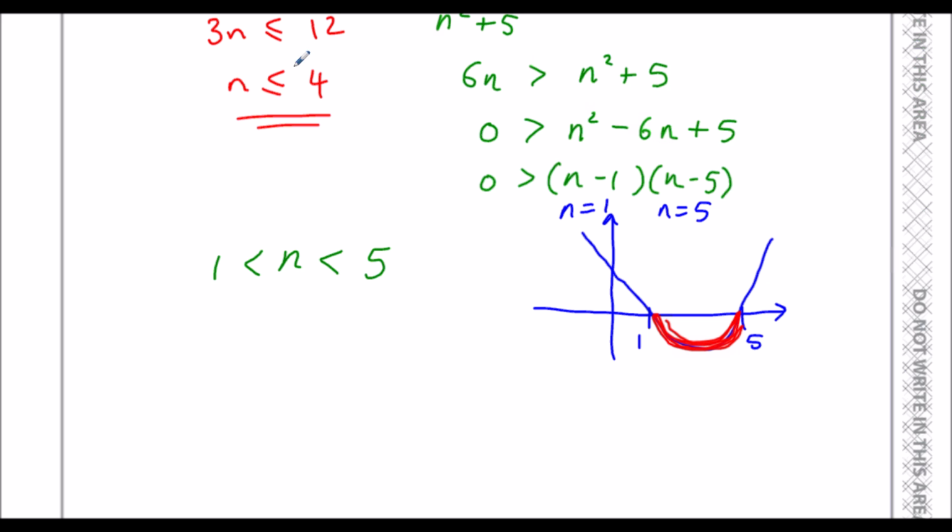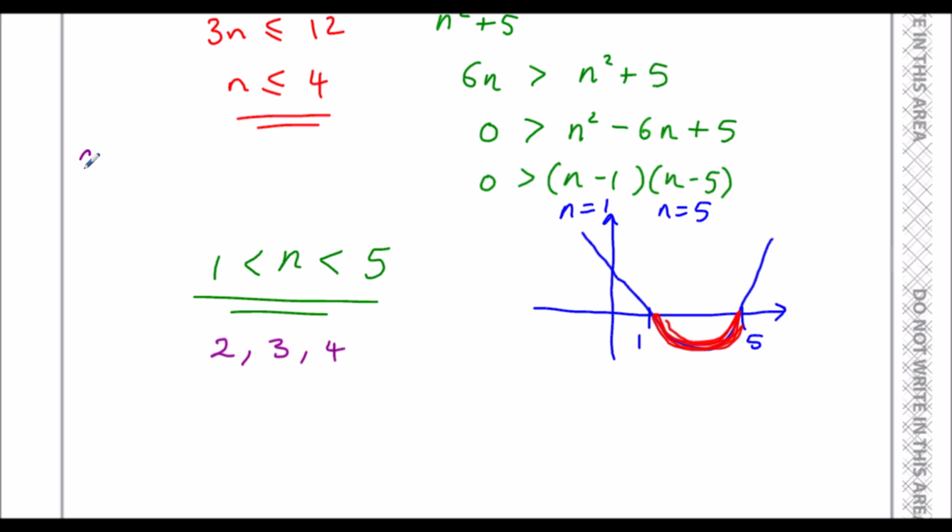So these are our two answers. What numbers can we have that fit them? Between 1 and 5, it can't be 1, so it can be 2, 3, and 4. It can't be 5. And less than or equal to 4 means it can be anything up to 4.